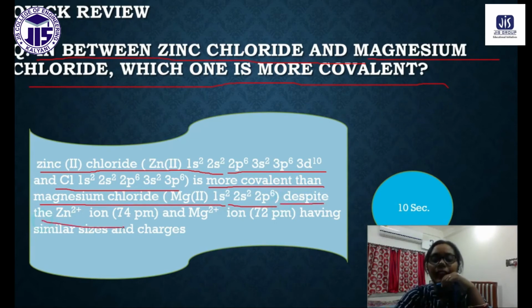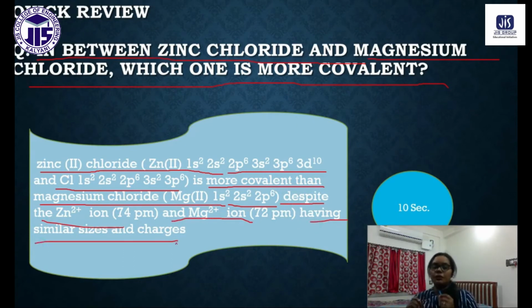Despite the zinc ion and magnesium 2+ ion having similar size and charge, the covalent character of zinc chloride is still higher than magnesium chloride. Why?